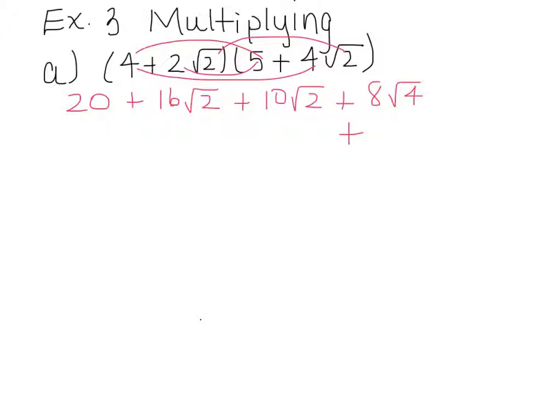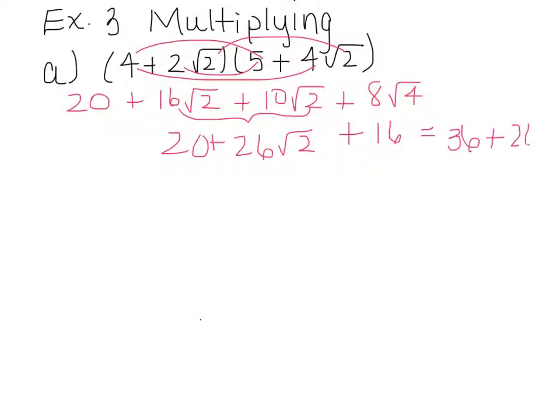Well, we know the square root of 4 is 2, so 8 times 2 is 16. Combine these together, we get 26 radical 2. And combining like terms further, we get 36 plus 26 radical 2. Okay?